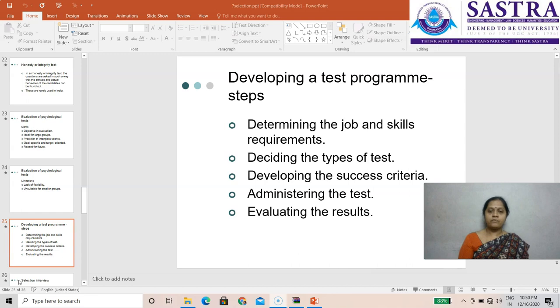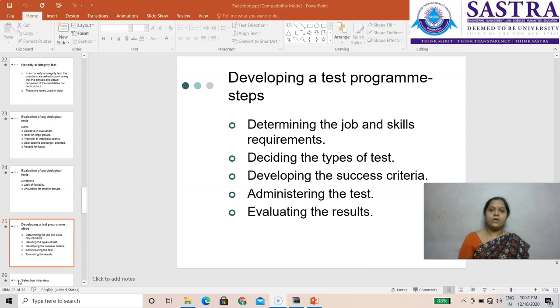These are the steps that are necessary for a successful testing program. The first step is determining the job and skill requirements. This is the first and foremost step in the process of developing a testing program, to determine the qualities and skills that are essential for effective job performance.